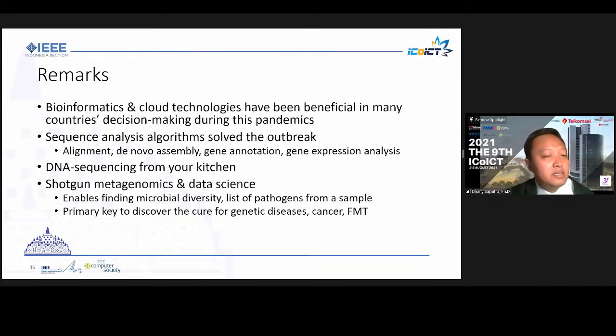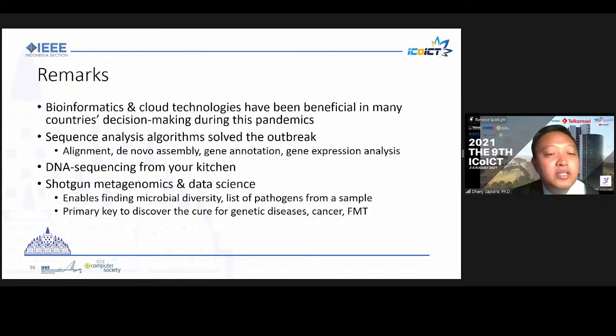And using nanopore sequencing, we can now do DNA sequencing and RNA sequencing from your own kitchen, as easy as that. It doesn't have to be a big company anymore. It's not that simple still, but it's possible.